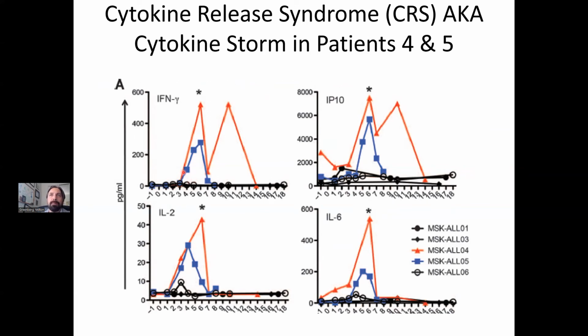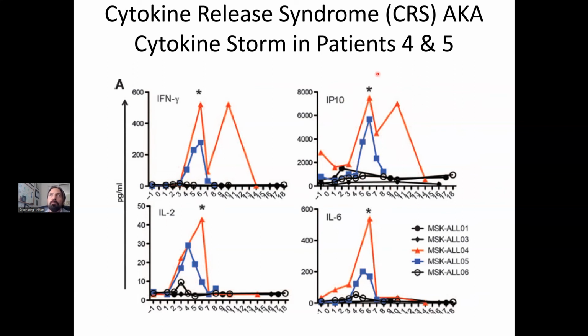Cytokine storm is a massive amount of cytokines. So here I have interferons, I have interleukins, I have IP-10, which is a pro-inflammatory chemokine. Essentially, what I have is massive amounts of inflammation. I can see it because of the cytokine levels in the plasma of these patients.